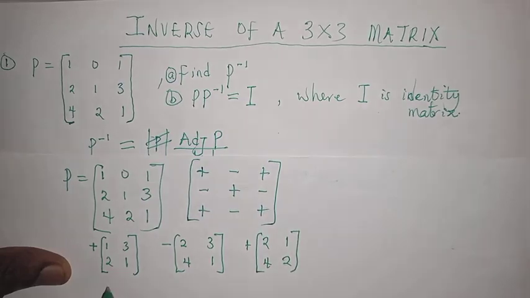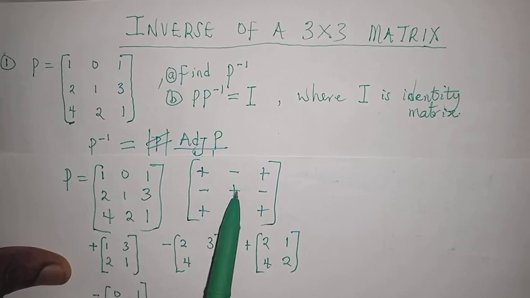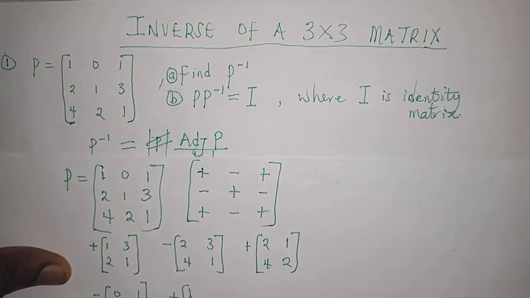For row 2, column 1, we have minus 0, 1, 2, 1. For this, we are picking plus 1, 1, 4, 1.